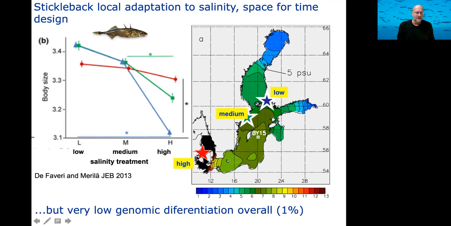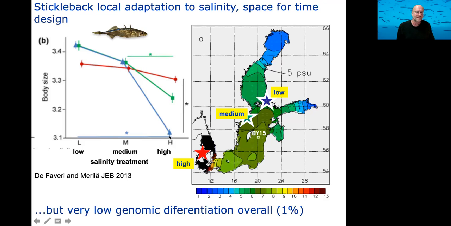And so we can use that spatial gradient as a very nice space-for-time proxy to study rapid adaptation to, in this case, decreasing salinity. We also know from previous experimental work that there is local adaptation. In particular, low-salinity adapted stickleback populations from inside the Baltic Sea don't perform very well under high salinity.